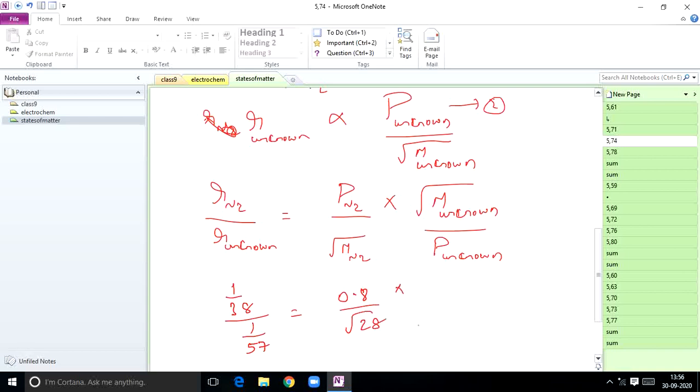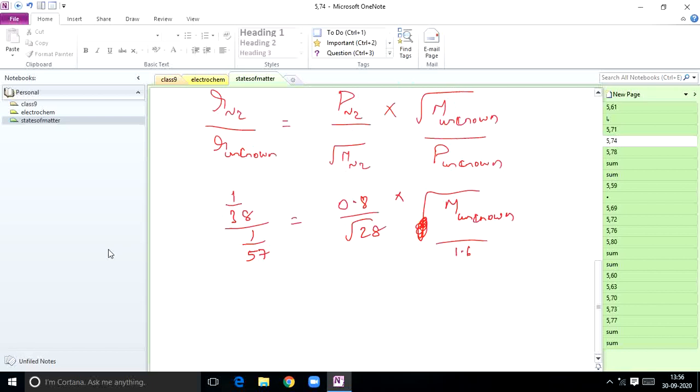Then the square root of the molecular mass of the unknown, which we don't know, I am taking it as M unknown, by partial pressure of unknown, 1.6, which is given. So do the calculation. Finally, if you do all this big calculation, you will get the molecular mass of unknown: 252 gram per mole.